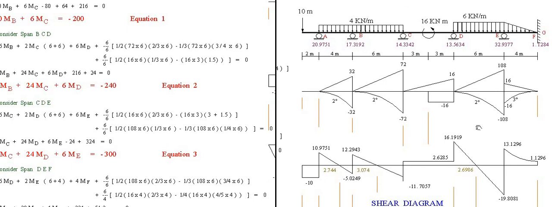Then minus 1/3 of 108, second degree parabola, times the distance from here up to the centroid. It is the second moment by parts. On the right of CDE, the origin must be on the right, or 1/4 of 6.